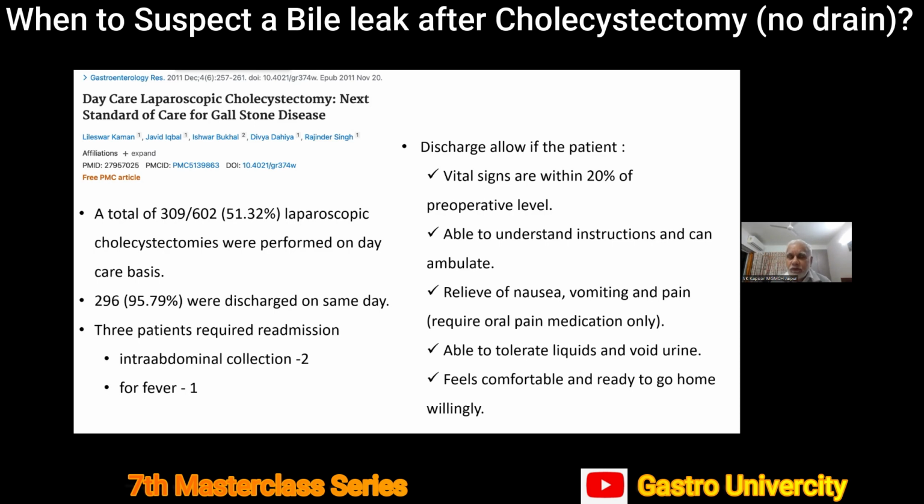But the problem continued and he returned after 2 or 3 days. And by that time, the patient had developed severe systemic sepsis because there was some bile leak and went into irreversible multiple organ failure. In spite of a re-intervention done by us, we could not save this patient.